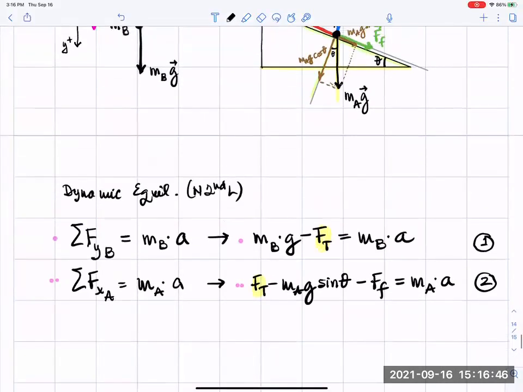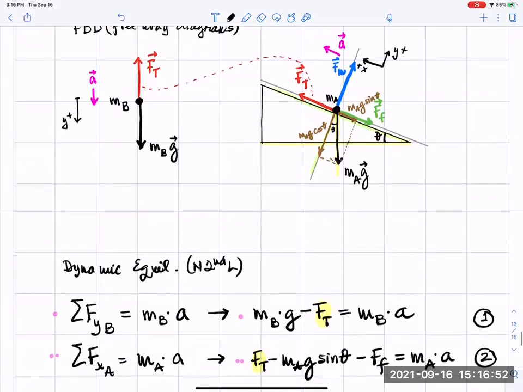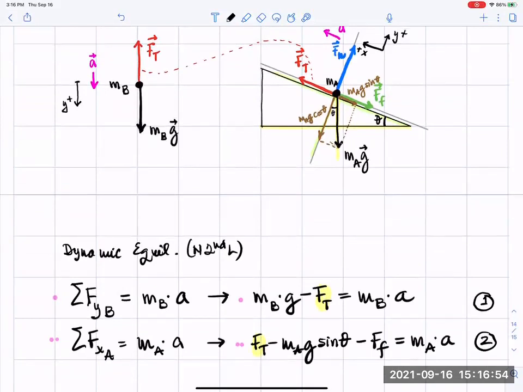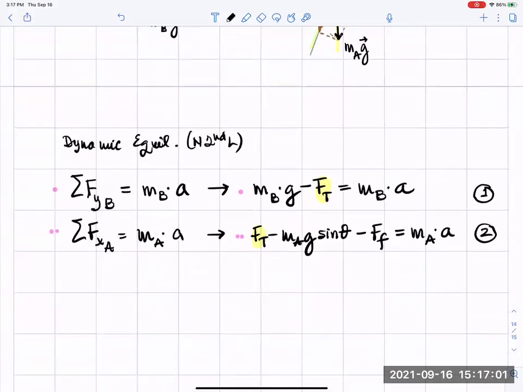So now I know that for the direction y for body A, I have another equation. And because the object doesn't fly up the hill, it doesn't just take off and fly upwards, you know that there is no acceleration on the y-axis. So the sum of all forces on the y direction of body A is equal to 0. All right, so this will be my third equation. Let's see what this one leads to.